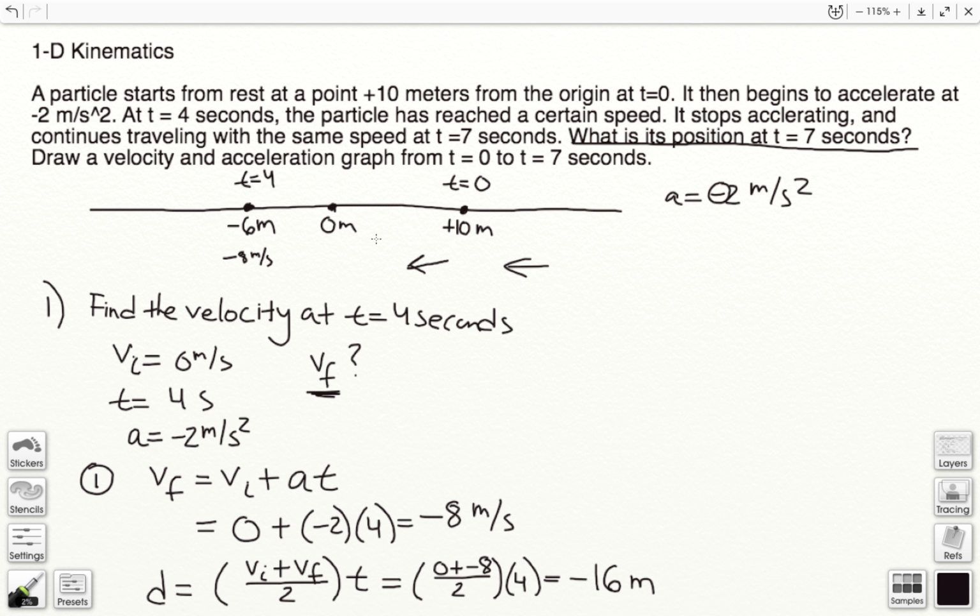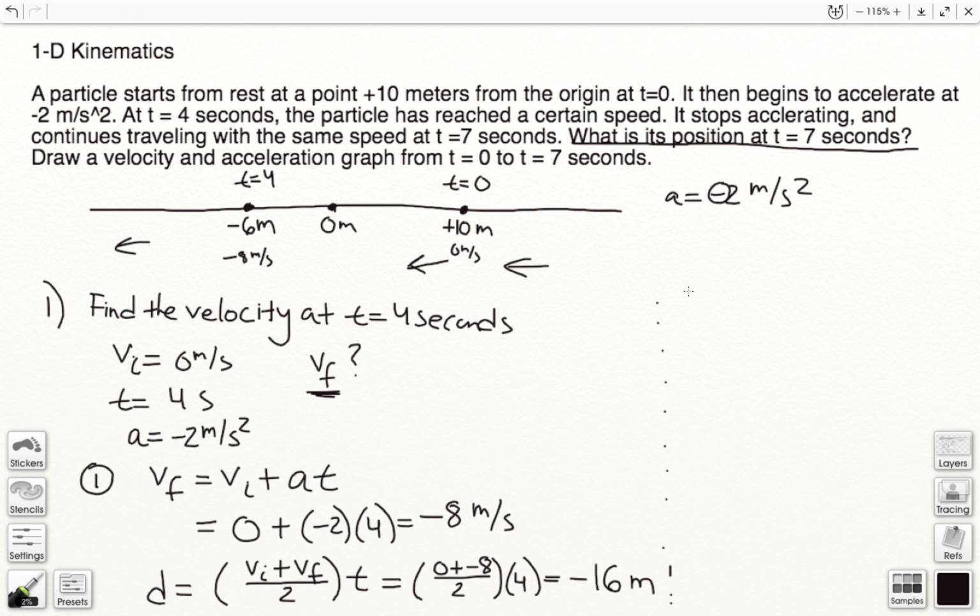So I started off at a speed of 0 meters per second, started accelerating in this direction, and got to this point. Now I stop accelerating and I just move at this constant speed of 8 meters per second in this direction.